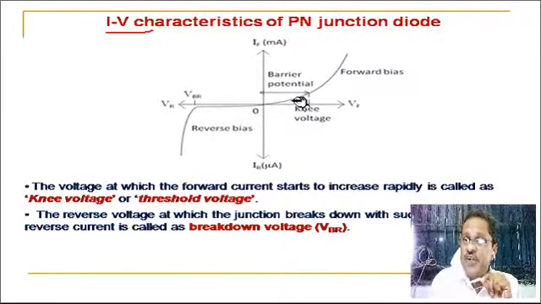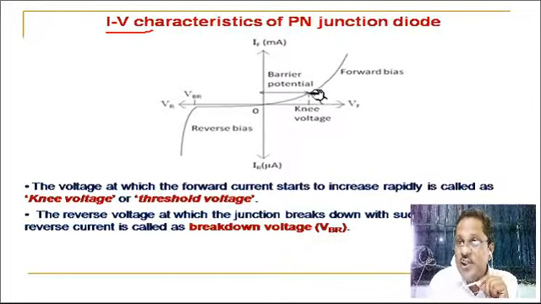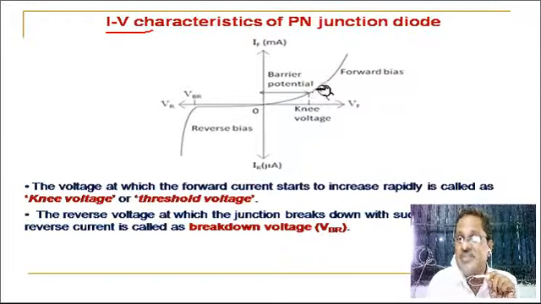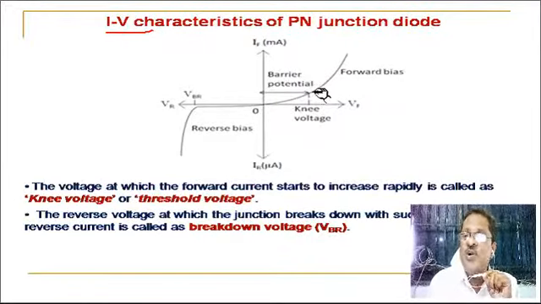But when the external applied voltage exceeds the value of the barrier potential, the current is continuously increasing, because the potential barrier is eliminated, and therefore a very large amount of current starts flowing through the junction.